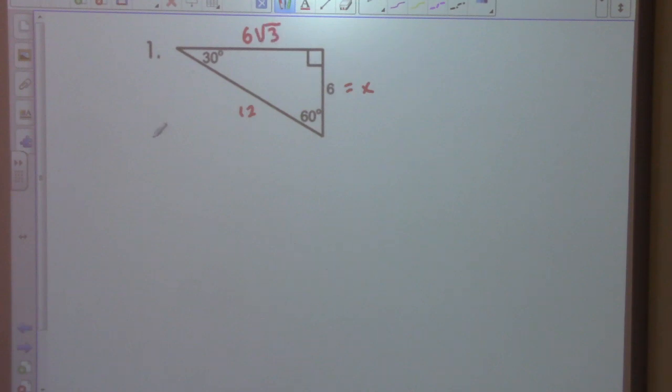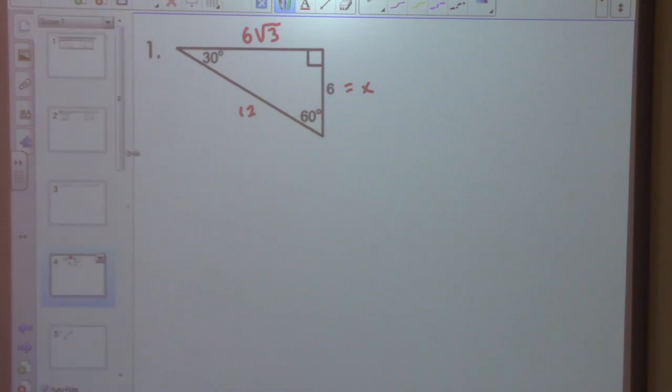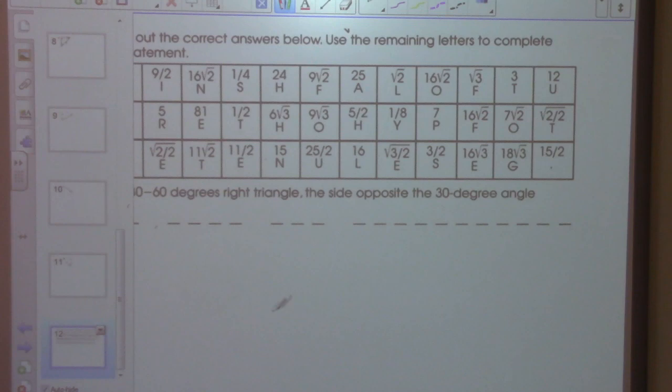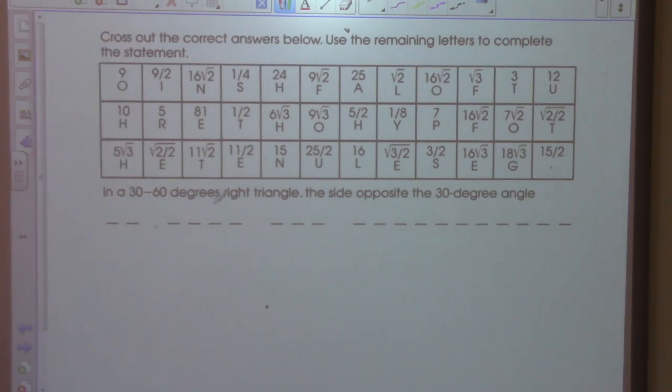Then when you work that out, you see I get this right. So we have 12 and 6 square root of 3. So we come down here, and you just look for these, 12 and 6 square root of 3.